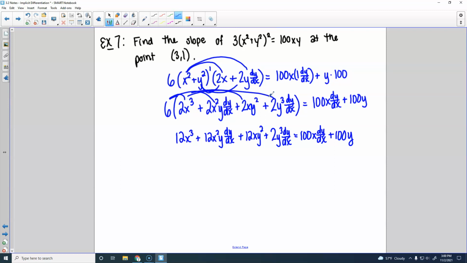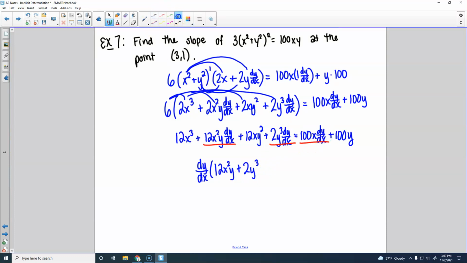So everything with the dy/dx needs to be on the left, and everything without the dy/dx needs to be on the right. Is it okay with you guys if I factor out the dy/dx as I do this? Thomas says I can, so I'm going to. You've got a dy/dx here, so you've got the 12x squared y, and you have a dy/dx here, so plus 12y cubed.